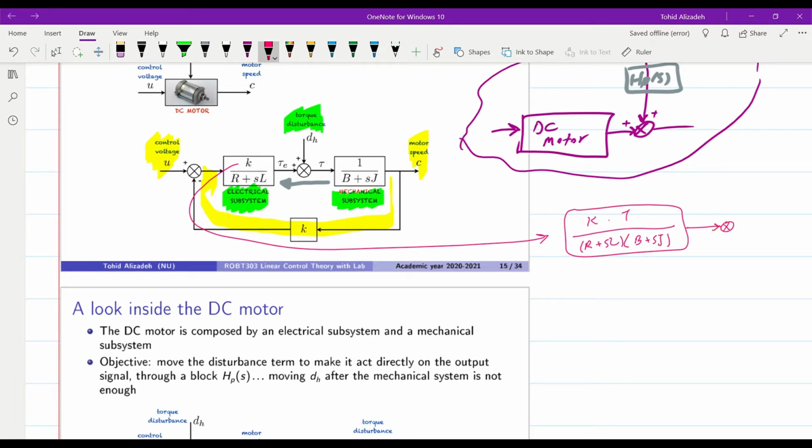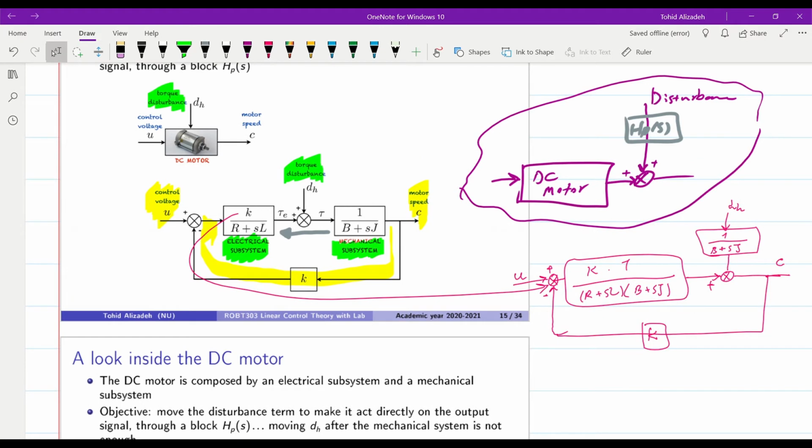The summing point will remain here, and then it will also appear on the path of the disturbance, dH times 1 over B plus SJ, and this gives us the output of the DC motor. And this we have it here. K is also here with a negative sign, plus U and C. Okay, so this is what we get by moving the mechanical subsystem's block towards the left side.